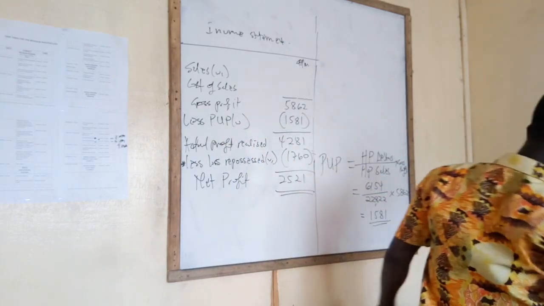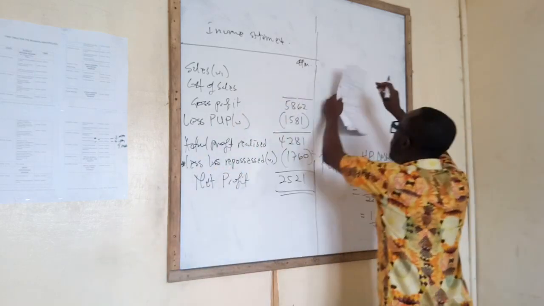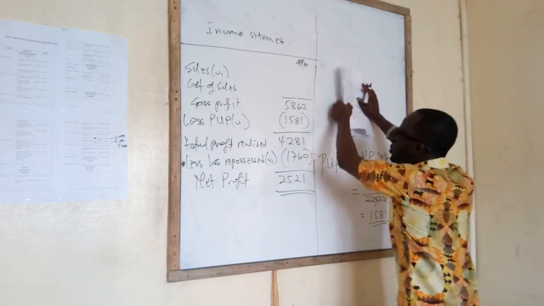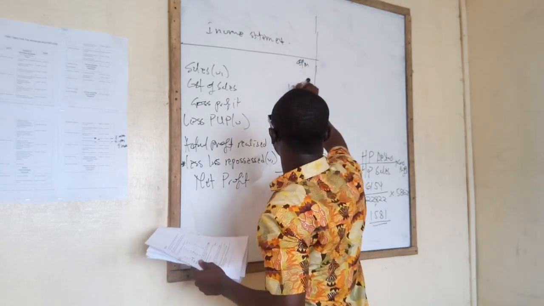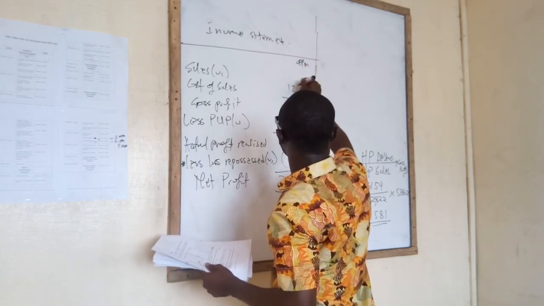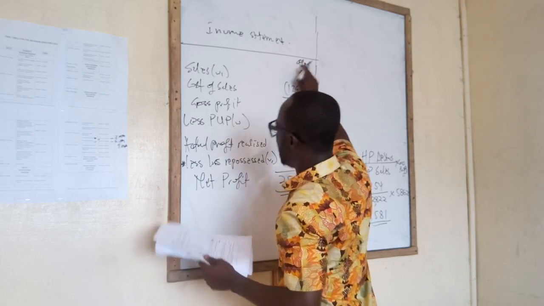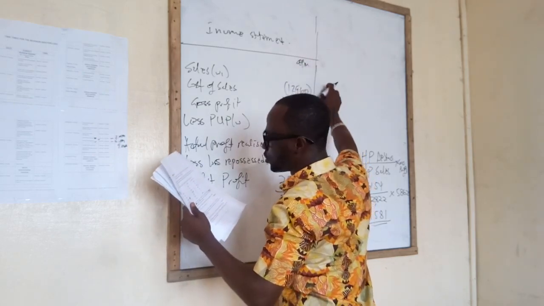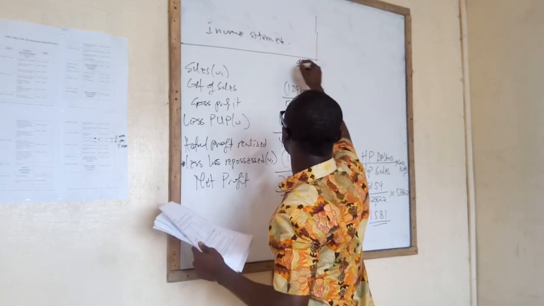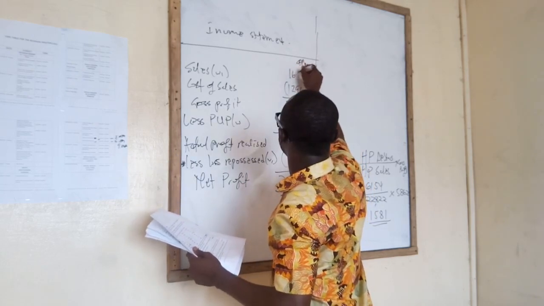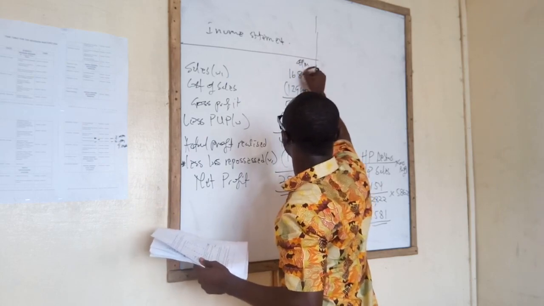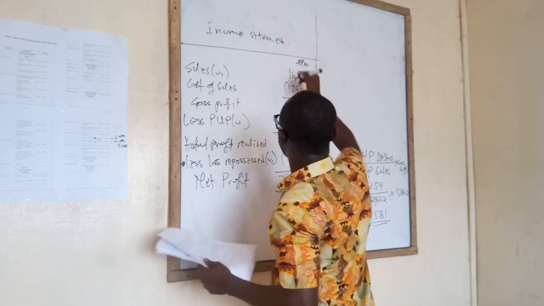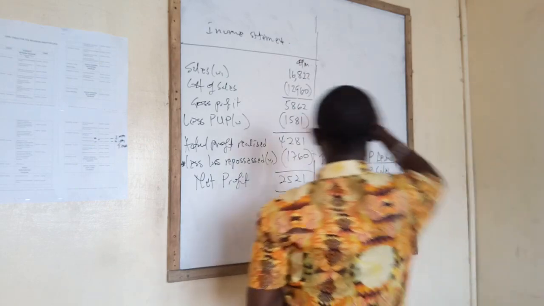That escaped me. So what would you get? 12,960 for the cost of sales. And then the actual hire purchase sales, 822. So let's get a new gross profit.